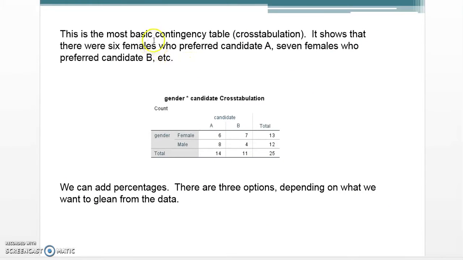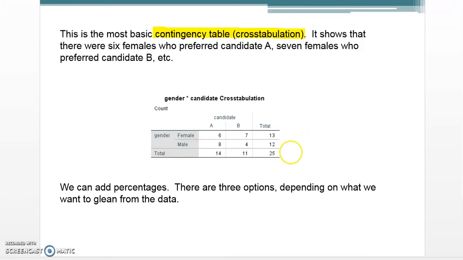So we can use the contingency table in SPSS to generate a table looking like this. This is called the gender by candidate cross tabulation. In this table, the females and the males are put into the rows, and candidate A and candidate B are put into columns.